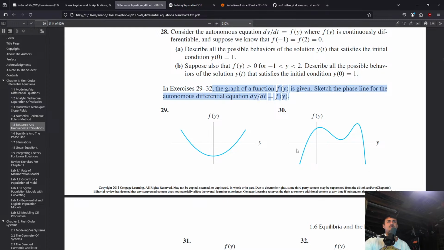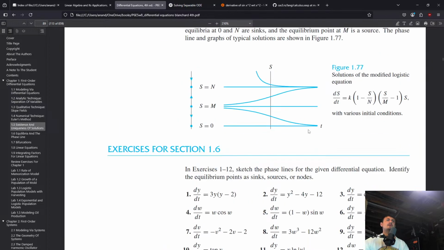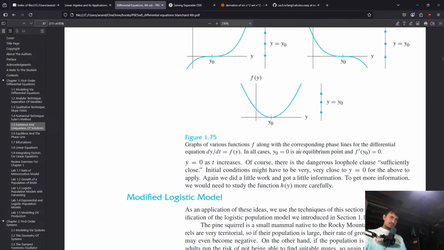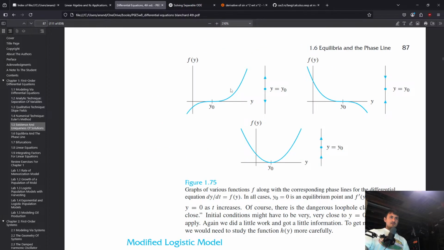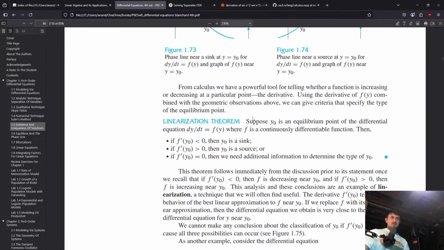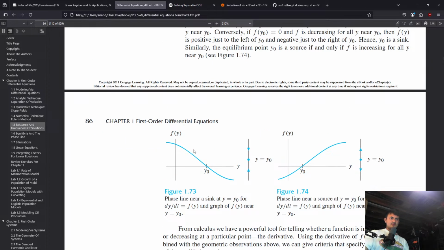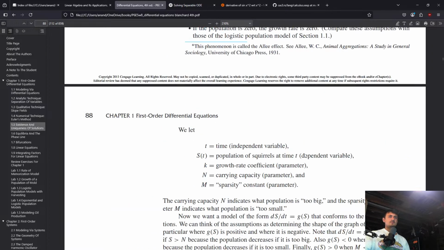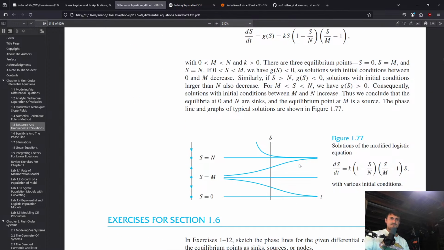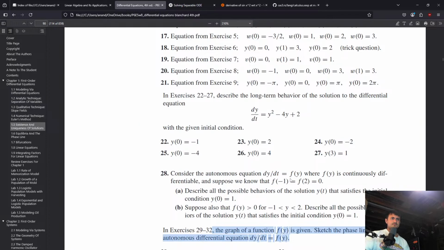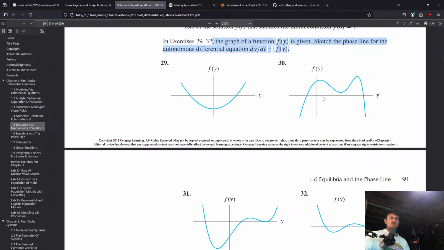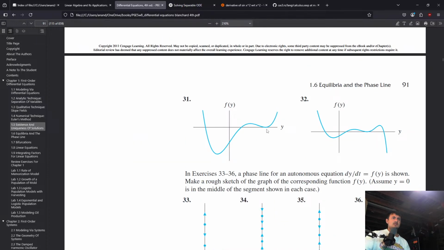Let's look at that picture again. There's a very good picture here. So this is what a sink looks like, and this is what a source looks like. So here we're getting a source. Here we're getting a sink. Okay, node.